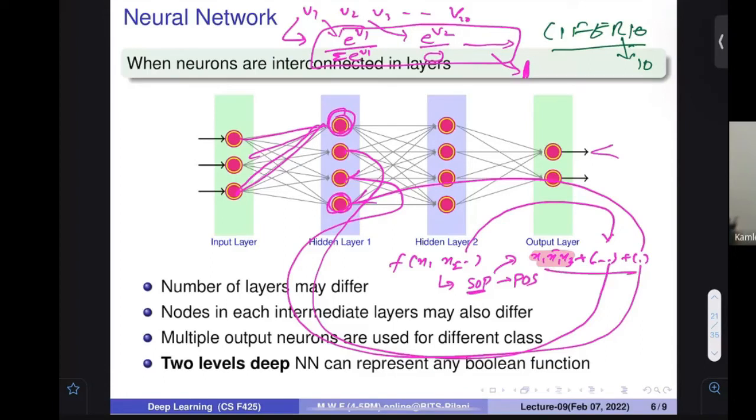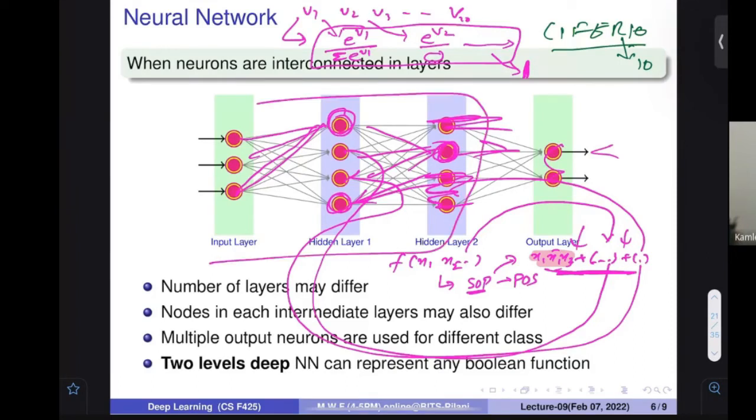After that, what is needed? You have to apply OR, because it is a summation. So one neuron with the OR of all these values, and your task is done. Two layers is sufficient to represent any kind of Boolean function. This is the general idea.